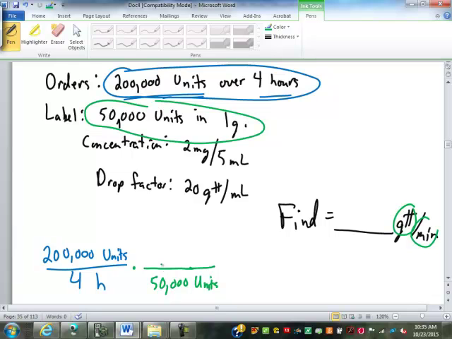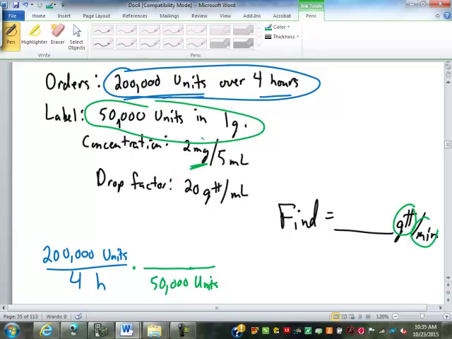Now, if I wanted to, I could save myself some time here. Everything else in this problem is not given in grams. It is given in milligrams. 1 gram is how many milligrams? Anybody? Milli means 1,000, right? So 1 gram is 1,000 milligrams.